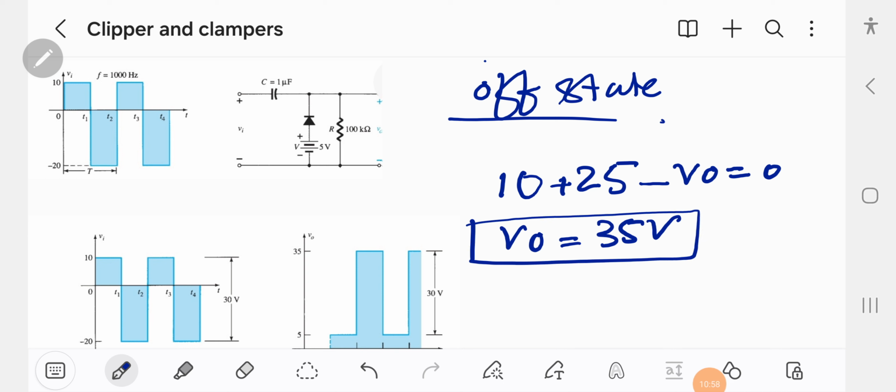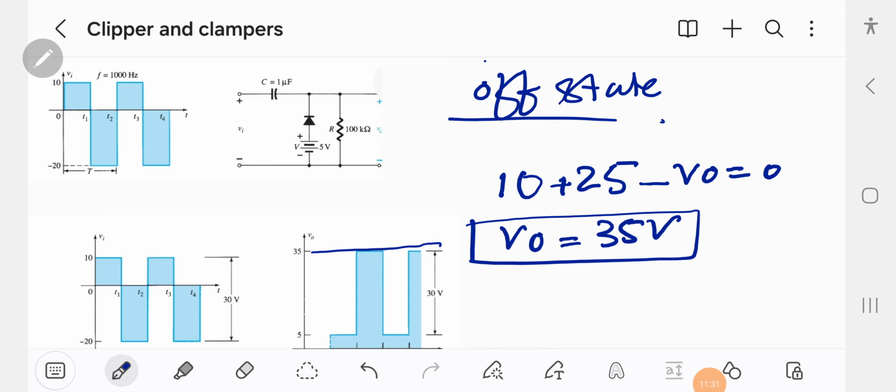We are taking the output from the resistor. When the diode is off, no current flows through this branch. If we look into the waveform, we get an output voltage of 35 volt.